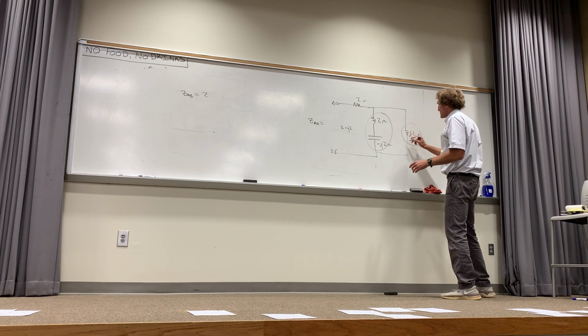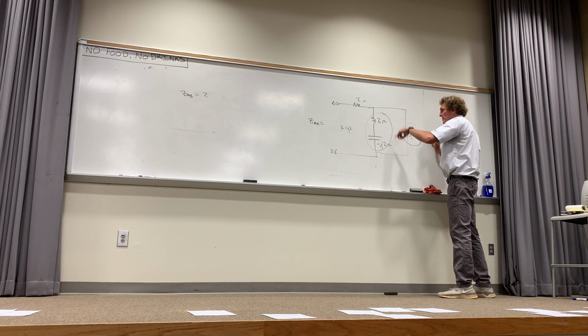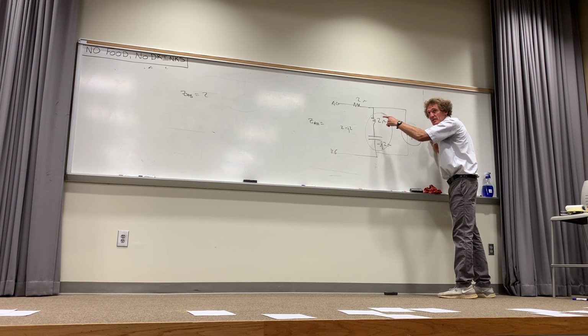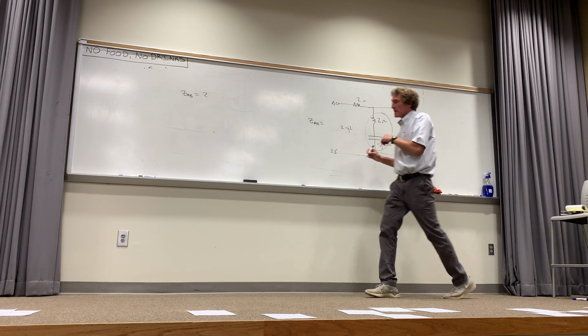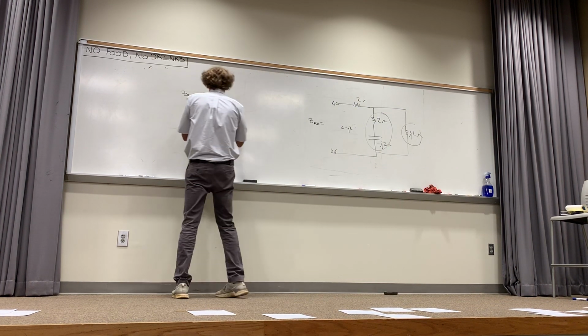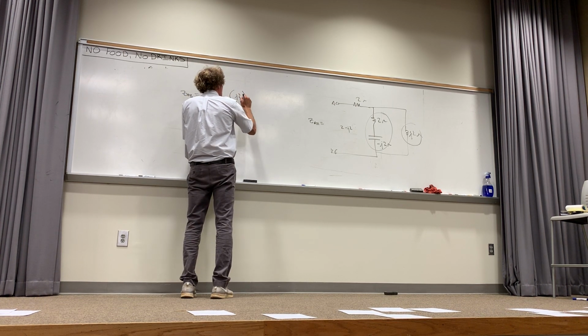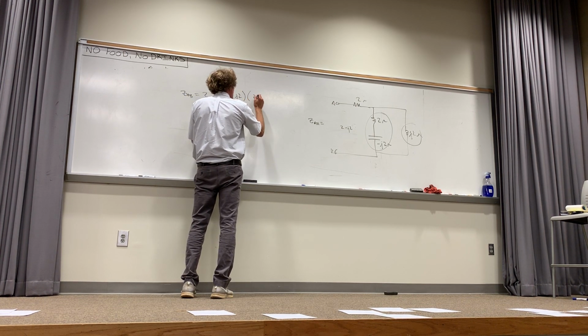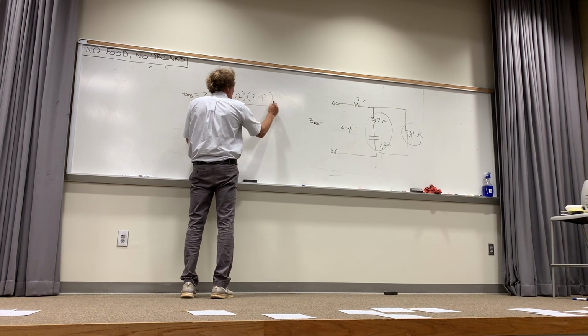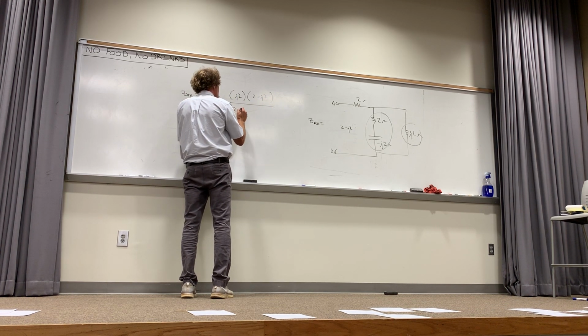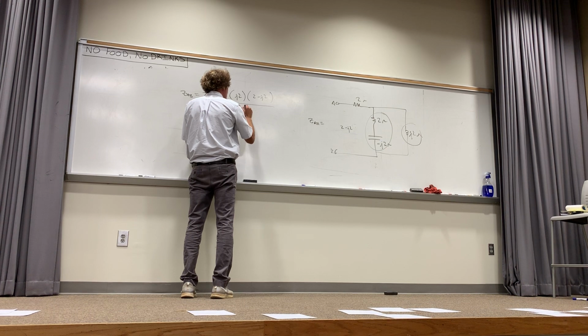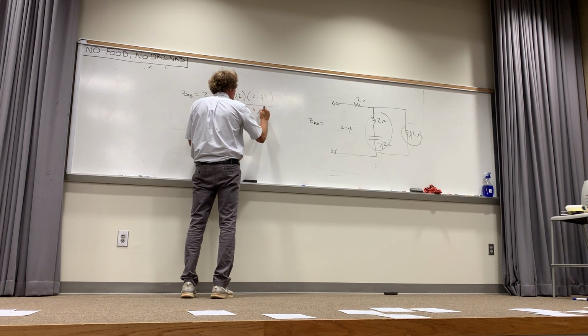I'm going to take this times this over this plus this. Do you follow me? You're going to see it's going to make it real easy in a second. So I'm going to say plus, and then it's going to be J2 times 2 minus J2 over the sum 2 minus J2 plus J2.